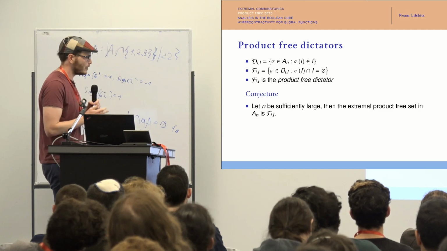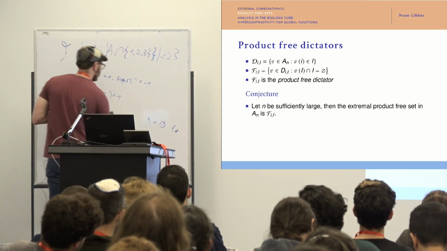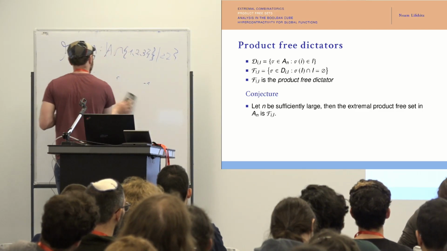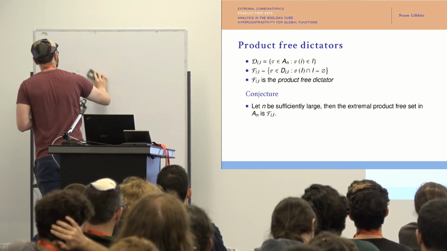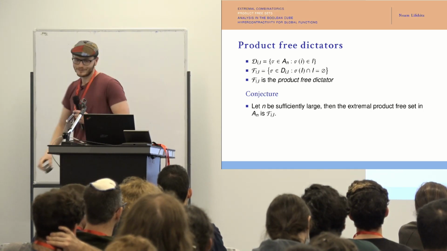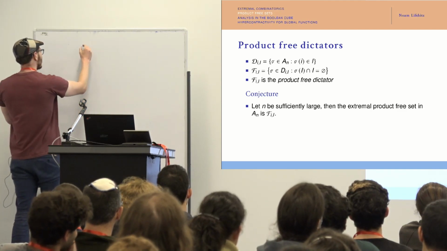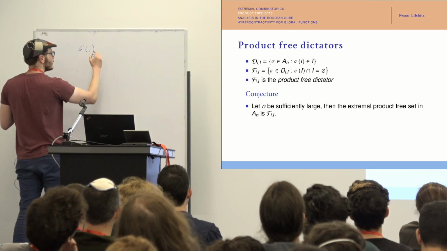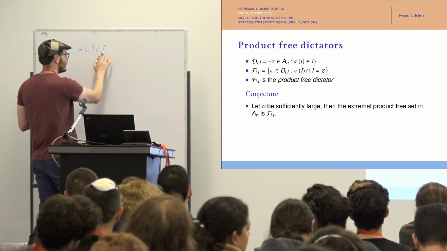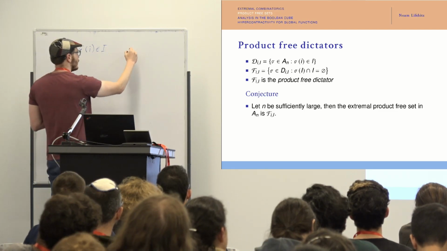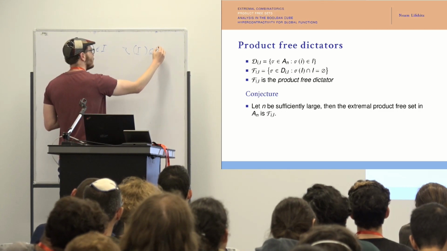Okay, so let's see why this set is product free. So suppose that sigma of x is in I. So sigma is in the dictator, so it sends x to I. And tau is in the dictator, so it sends x to I complement.